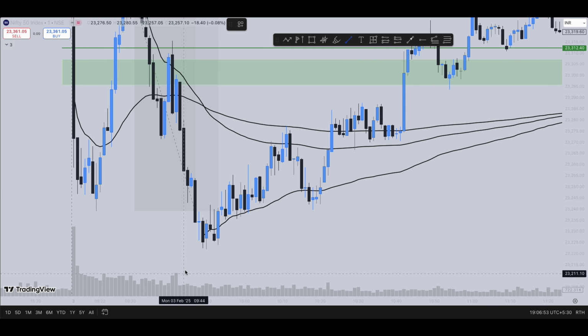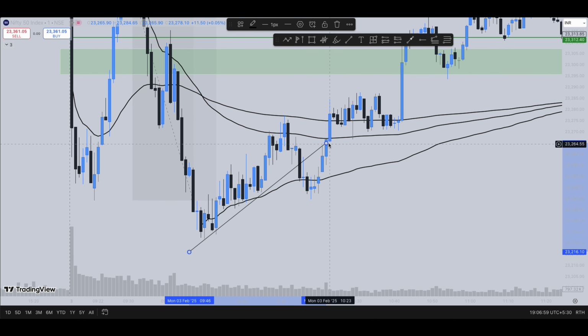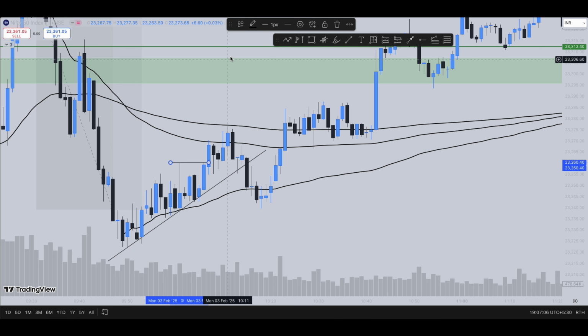Till here the market sentiment is bearish only. You can see this kind of upward momentum, but only here it broke structure towards the upside. This is called break of structure, and the last down candle which actually broke structure towards the upside is this candle, guys.